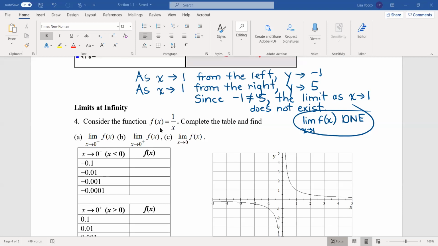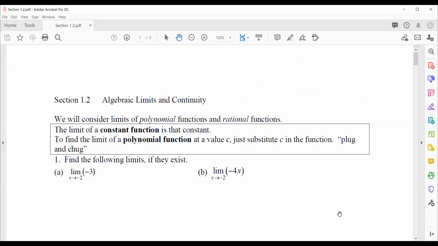Always something. All right, so you should see section 1.2, algebraic limits and continuity.